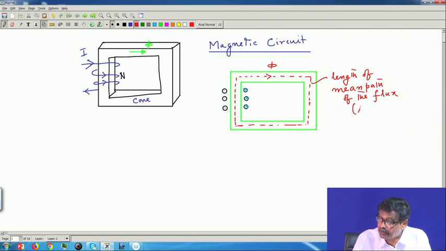That length let me call l. If the number of turns is n, then Ampere circuital law says that the integral of H dot dl over a closed path is equal to the current enclosed.